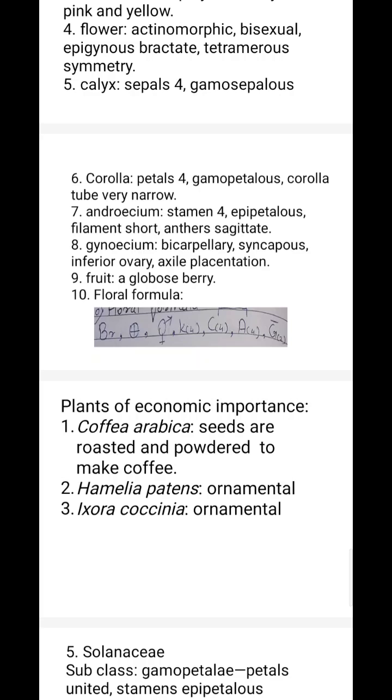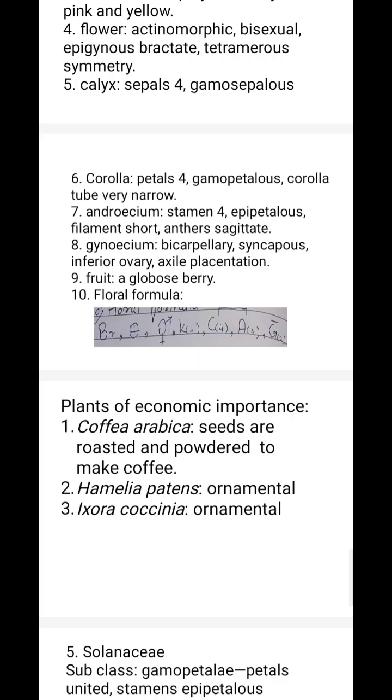The last part is the economic importance. This family is mostly used for ornamental purposes. Here are some examples which are economically important and also ornamentally used.